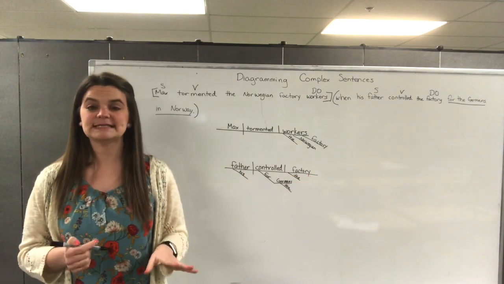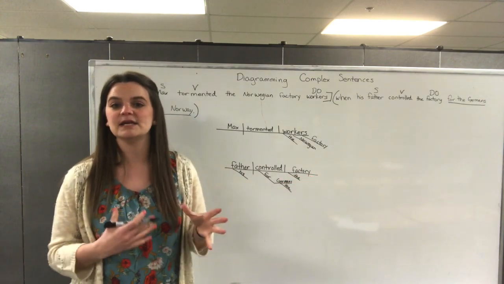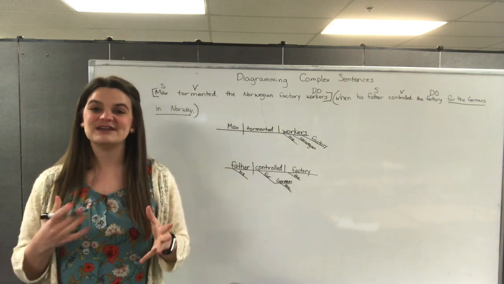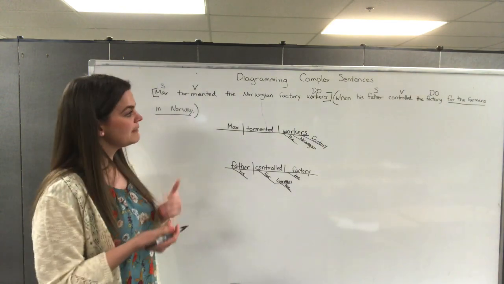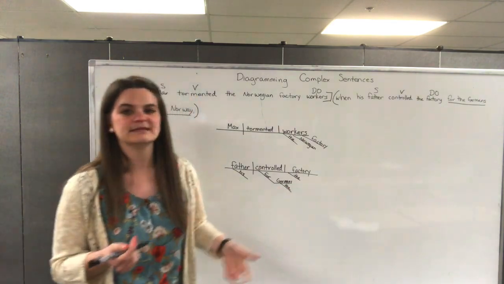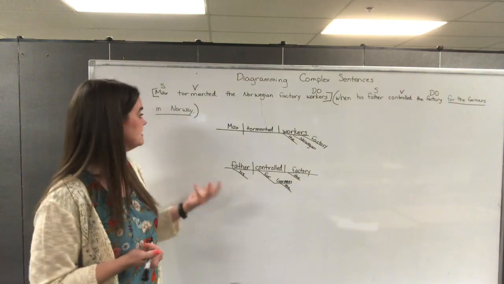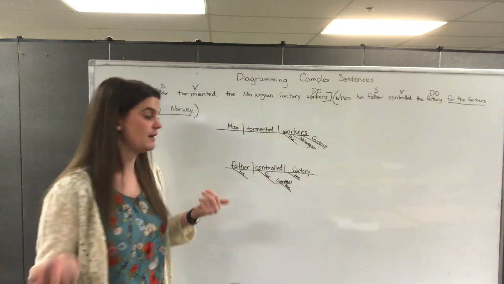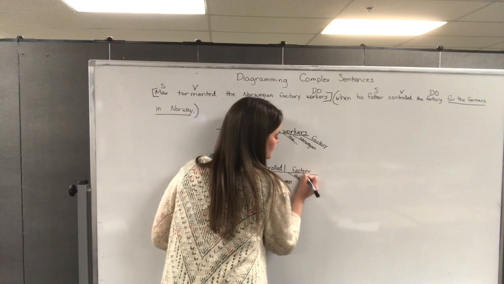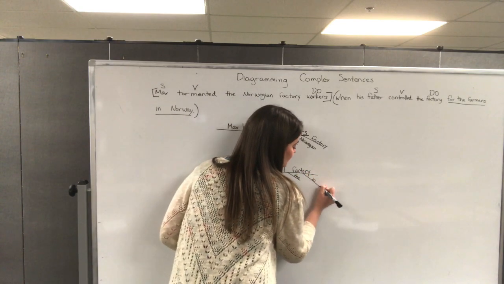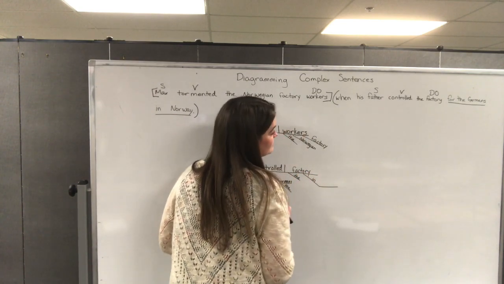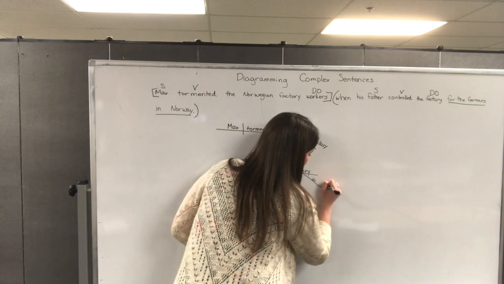Sometimes prepositional phrases can hang off of more than one spot, depending on the way that you understand the sentence. So I'm going to hang it off of factory because it just seems to be easiest there and make sense. Which factory? The factory in Norway. But if you wanted to hang it off of controlled, if that makes more sense to you, that would be just fine.